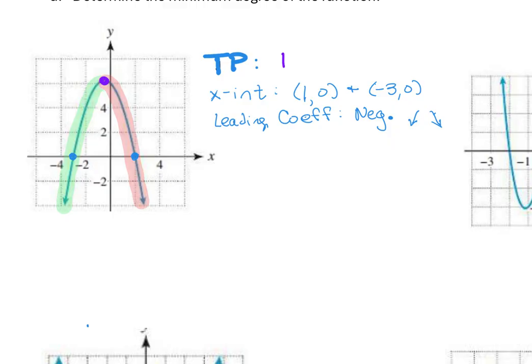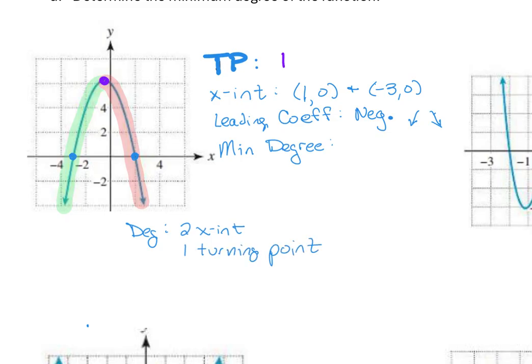And the last thing that we want to know is what is the minimum degree? Well, remember that degree has to do with x-intercepts. We have 2 x-intercepts, and we have 1 turning point.